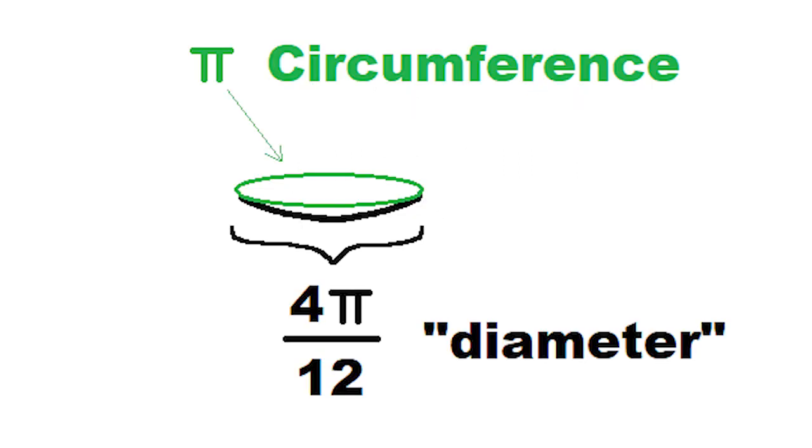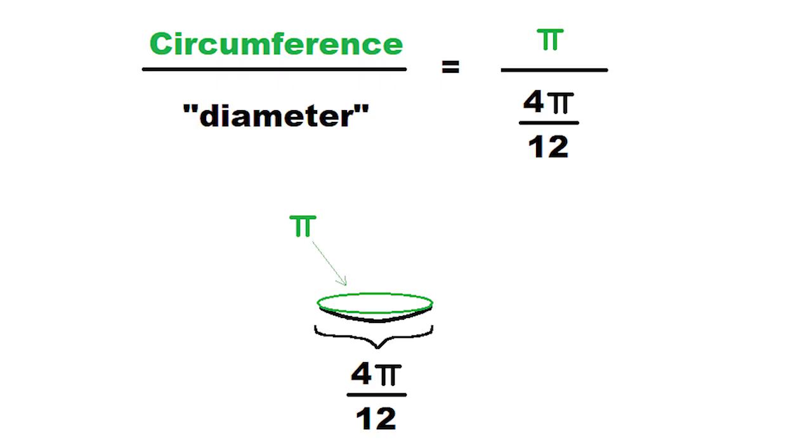So if we think of this 4 pi over 12 as the quote-unquote diameter of this circle drawn in our half-spherical hole, the circumference over diameter relationship of the circle is easy to calculate. It's simply pi over 4 pi over 12.